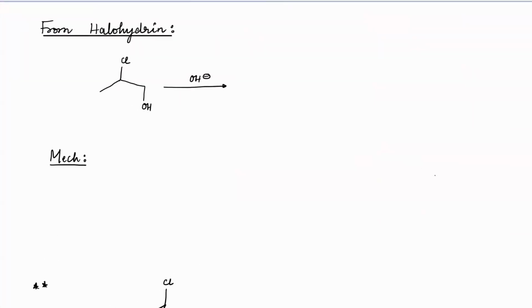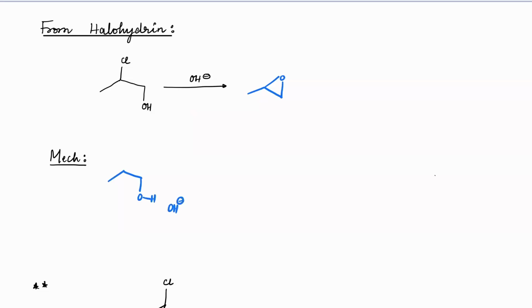Next, from halohydrins. From halohydrins, first in the presence of OH minus, that will take away this H plus and convert into this O minus, which will eventually give you ethers. Let me show the mechanism here. So first OH is there.